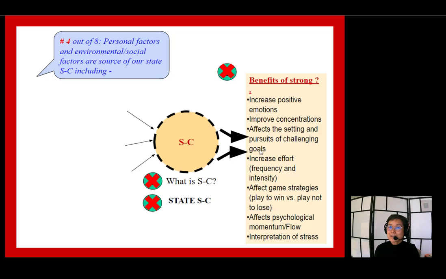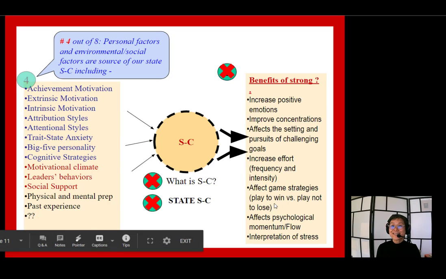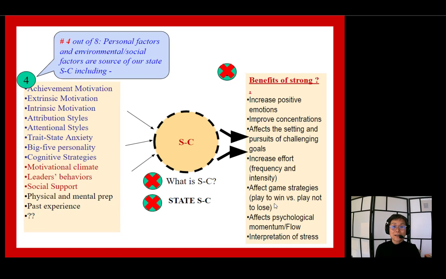Ask yourself that question. And that's what you need to figure out with your followers as well, where their confidence is coming from, so that you can help them build up their confidence, because we're taking confidence as a state, something that can be developed and strengthened, right? Based on the research, these are the factors: personality factors and environmental factors.